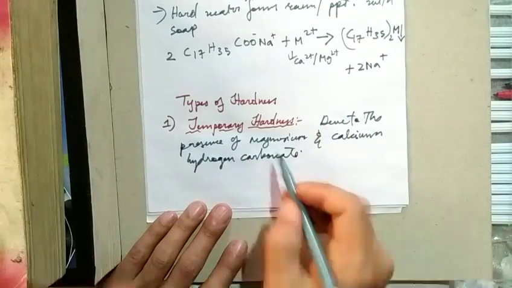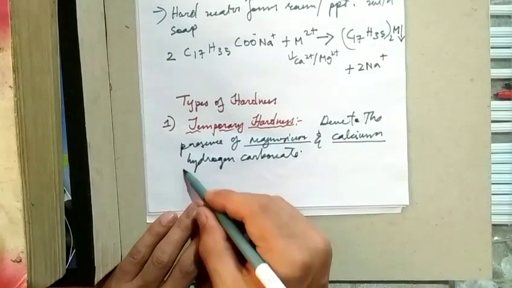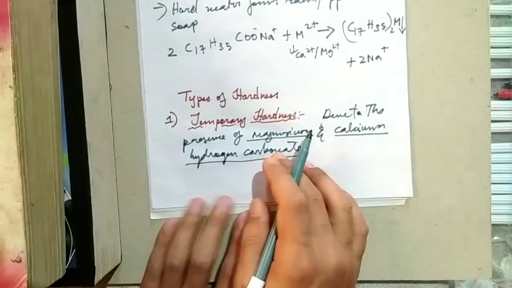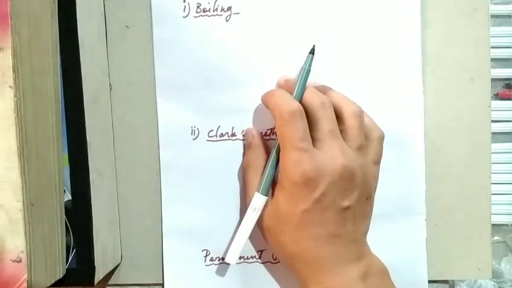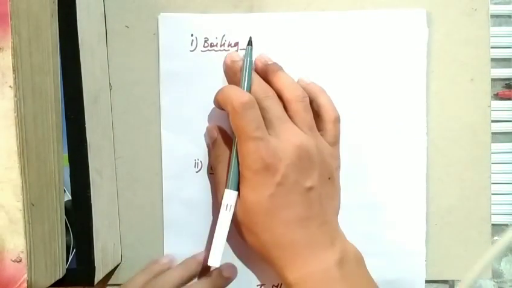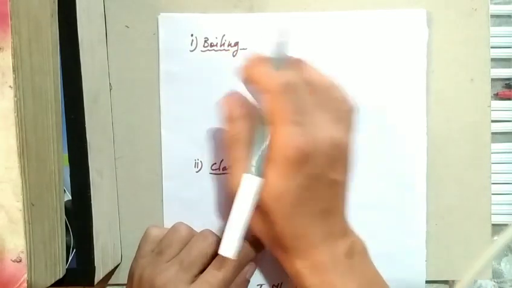So the presence of magnesium and calcium hydrogen carbonate makes the water hard. Now we are going to see some methods of removal of hardness of water, that is, temporary hardness of water.